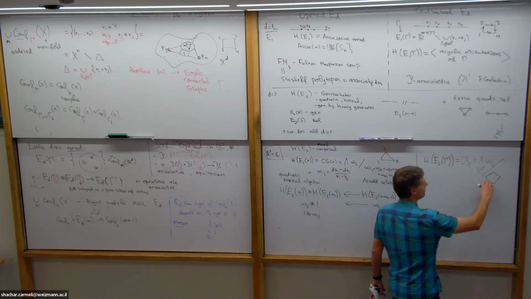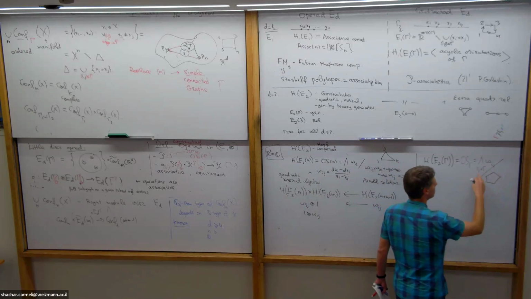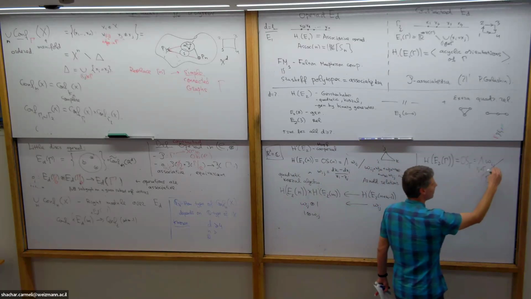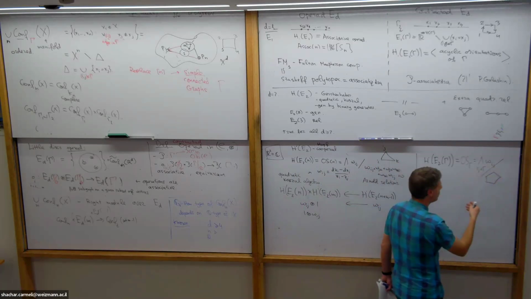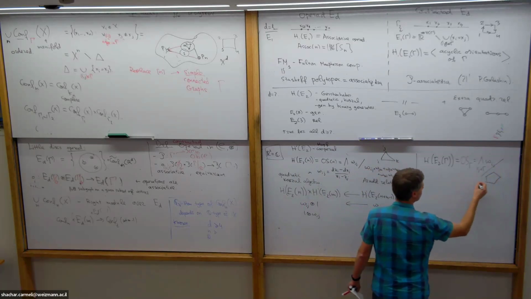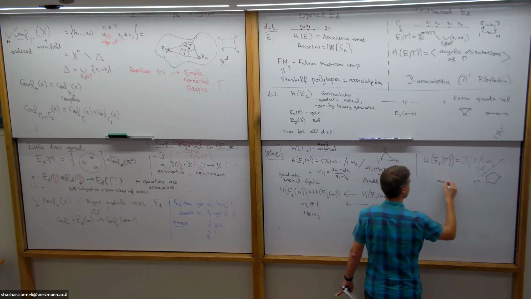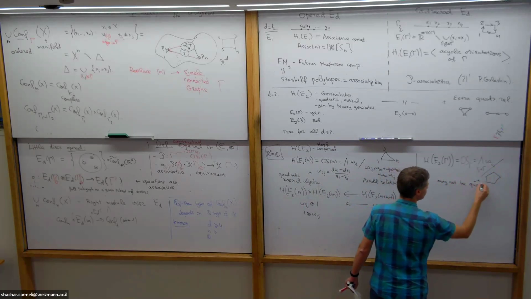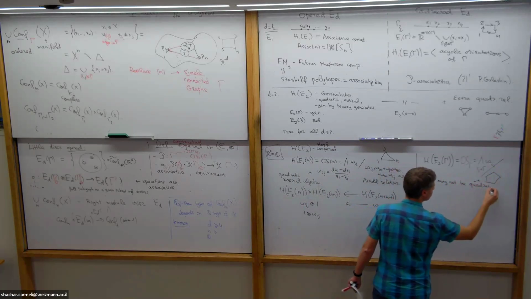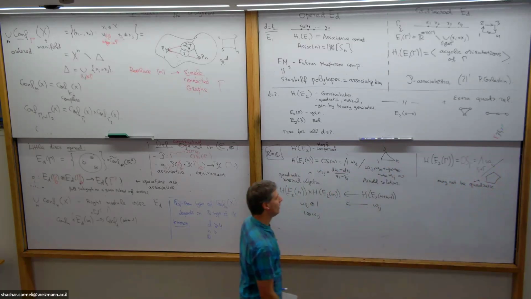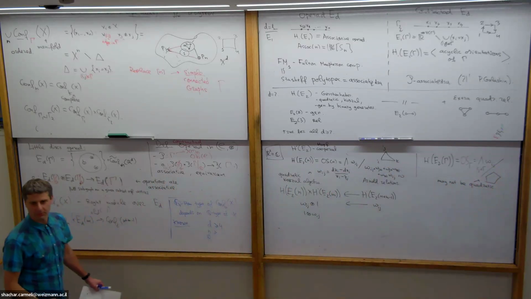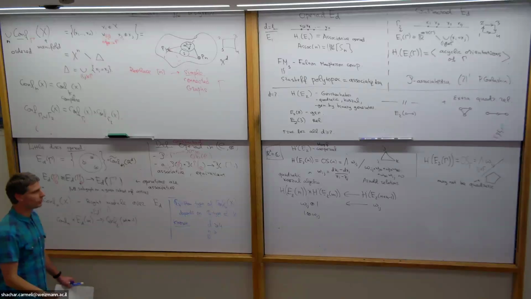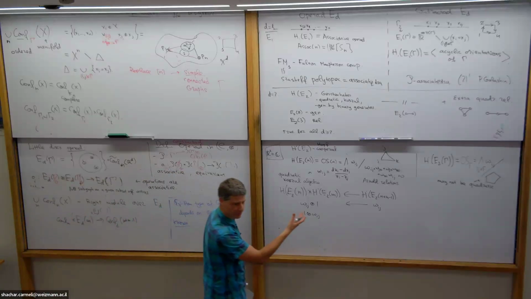So here the relations will come from the minimal cycles in your graph, taking away one of those edges. So these relations may not be quadratic. Why is this a problem? This is a problem for me because of the homotopy story. So now I'm coming to the homotopy story.